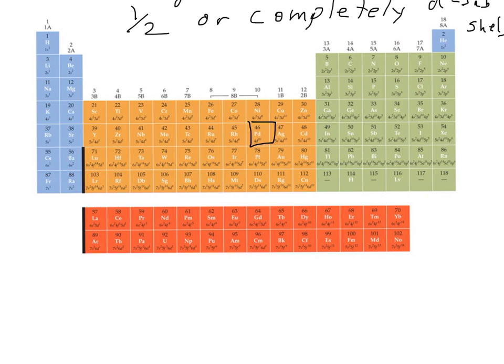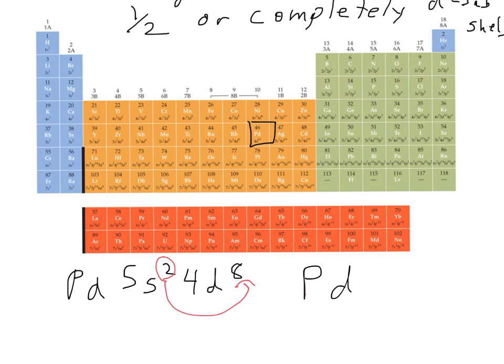If we look at it, we'd expect it to be 5s2 4d8. Instead, palladium actually moves both of its 5s electrons into the 4d and winds up as palladium 4d10.